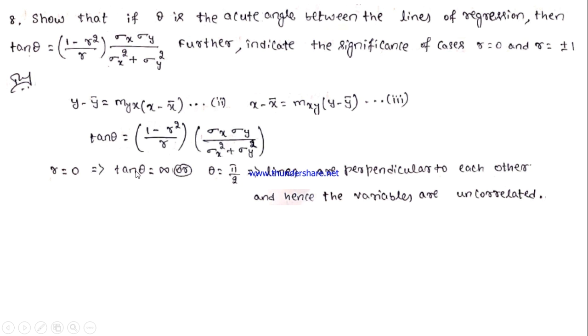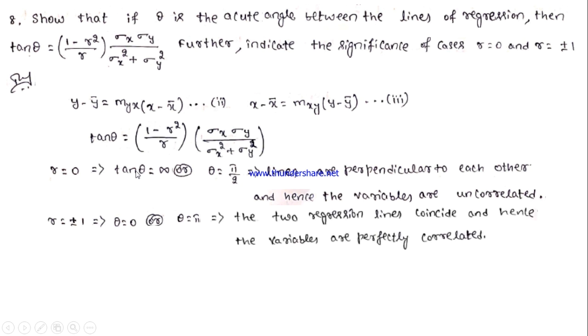Now let me go further. If I take r is equal to plus or minus 1, we get theta equal to 0 or theta is equal to pi, which means the angle between the two lines is 0. What is the meaning of that? The two regression lines coincide, which means we do not have two lines for the given data, we have a single line, which means that the two variables x and y are perfectly correlated.